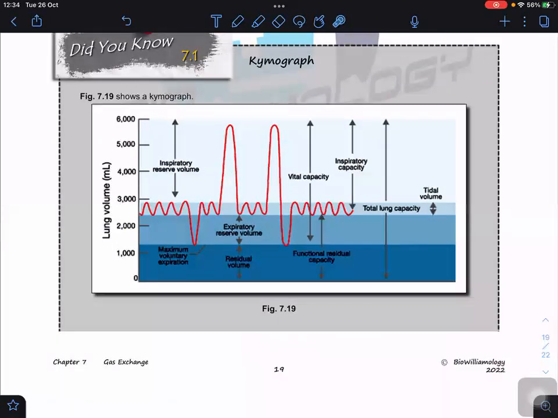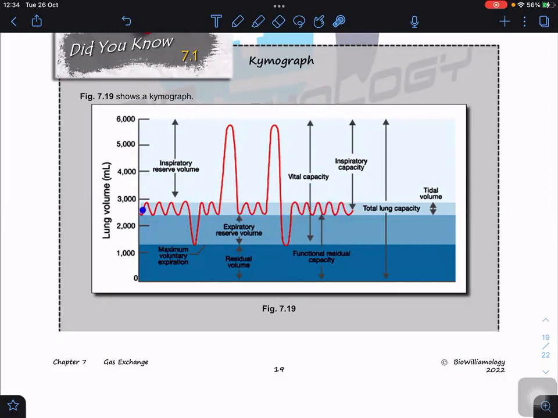The lung volume is roughly about 6 liters, about 6,000 ml. But normally we look at the volume at rest. This is called tidal volume. It's the normal air that we breathe in and breathe out at rest. Are you clear?